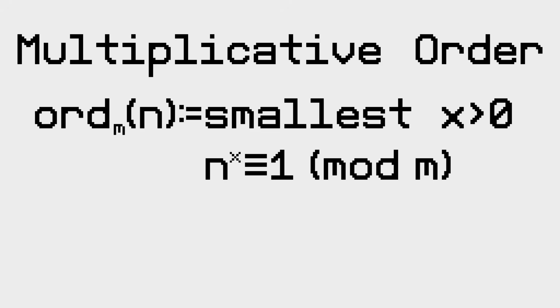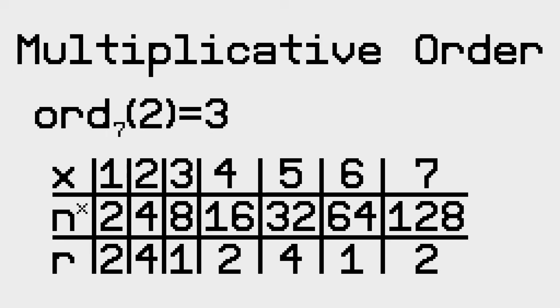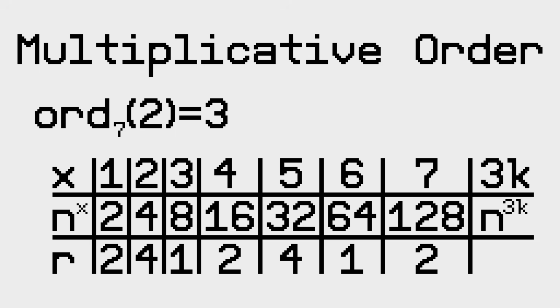For example, the order of 2 mod 7 is 3. If we list out the powers of 2, the first positive integer x, such that 2 to the power of x is congruent to 1 mod 7, is when x equals 3. After this point, the residues will cycle, because multiplying 1 by 2 will get us back to 2. If we continue following the cycle, raising n to any multiple of the order will also produce a residue of 1 mod m.